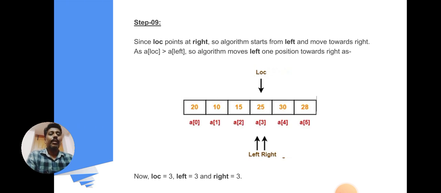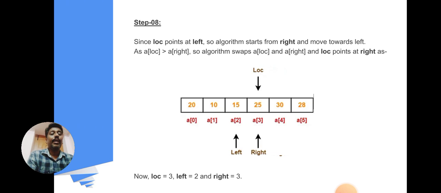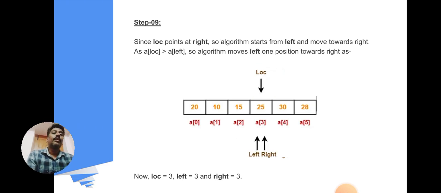A of left value is now 25, A of location also 25. So the algorithm moves one left position. A of left value is 15, then A of location value is 25. So no swapping is needed, because left 15 compared with 25 is less. So we can move the left pointer to the right side.